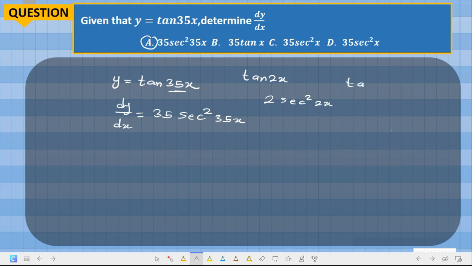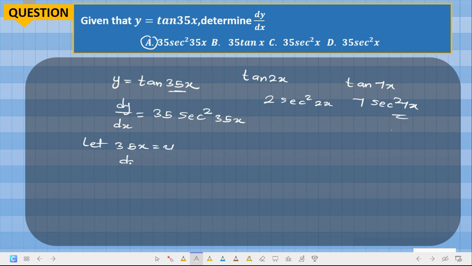Same thing if I give you tan 7x, differentiate 7s, it gives you what? 7. Then we have sec square, then 7s. That's how to go about this using the composite function. You can decide to use that one where we say that let 35x be equal to u. 35s is equal to u.